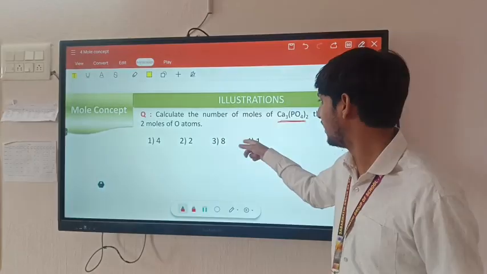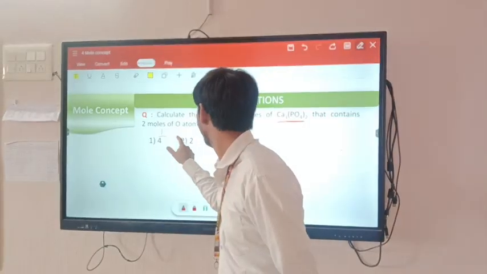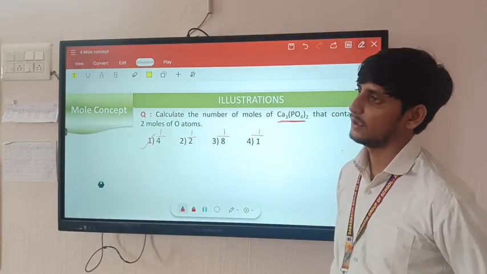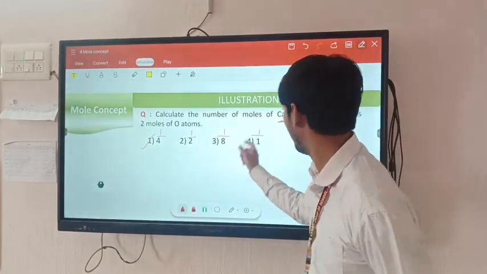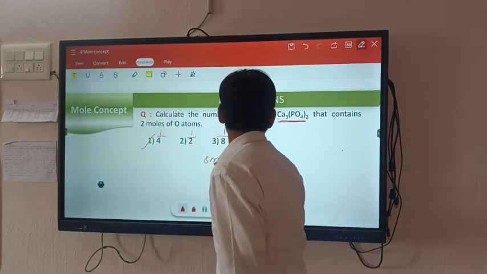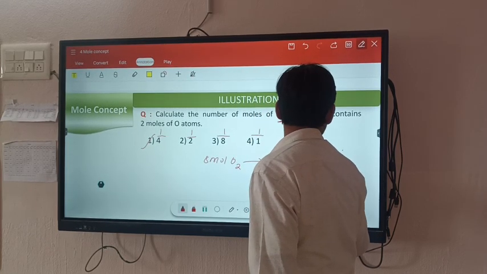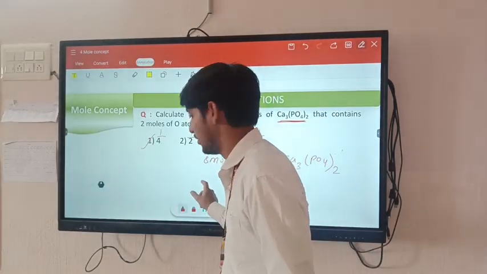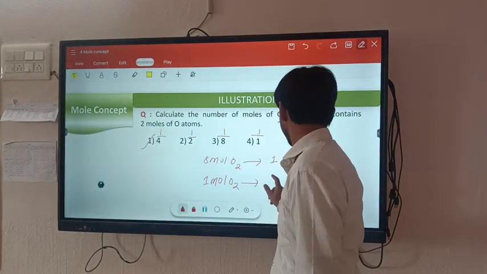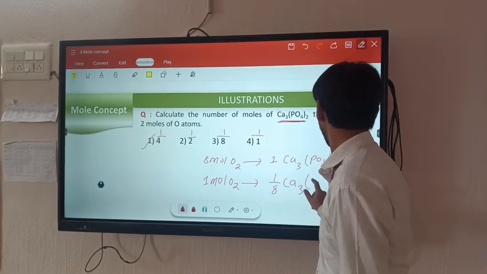Calculate. The answer is 1 by 4, option first. Understood? The same unitary method applies. 8 moles of oxygen contain 1 mole of calcium phosphate, so 1 mole of oxygen contains 1 by 8 mole of calcium phosphate.